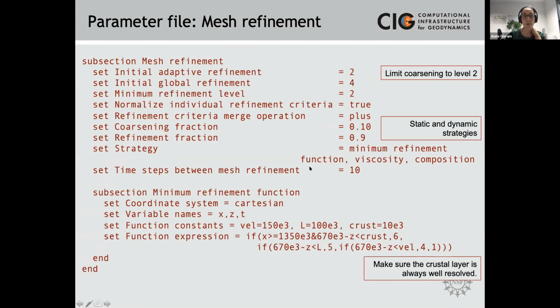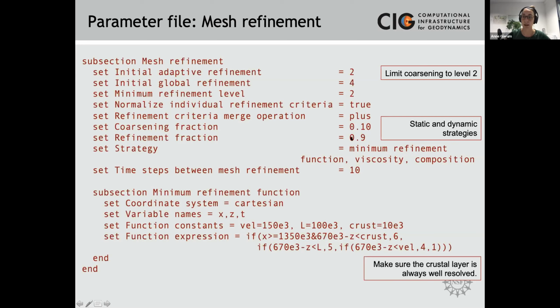Yes, and then the mesh refinement, this helps us follow the slab with depth while keeping a fixed high resolution in the crustal layer. So we start off with an initial global refinement of 4. Then we do 2 adaptive steps, and they can lead to coarsening or to refinement, but we fix the minimum refinement level at 2, because we want to have this minimum resolution everywhere.